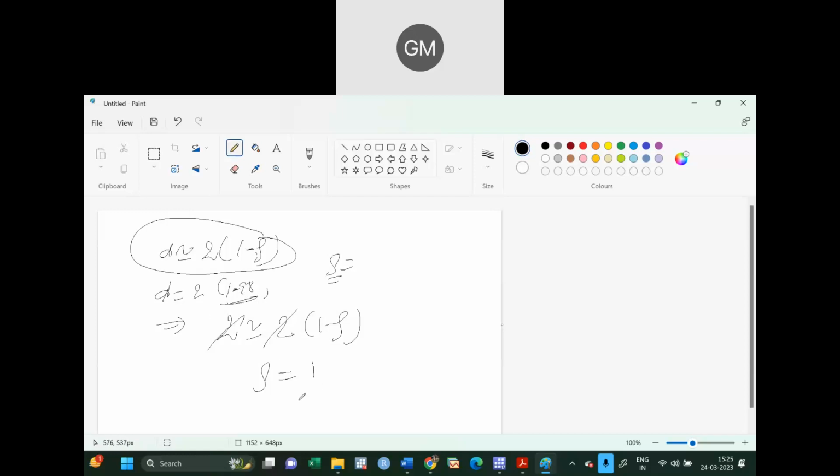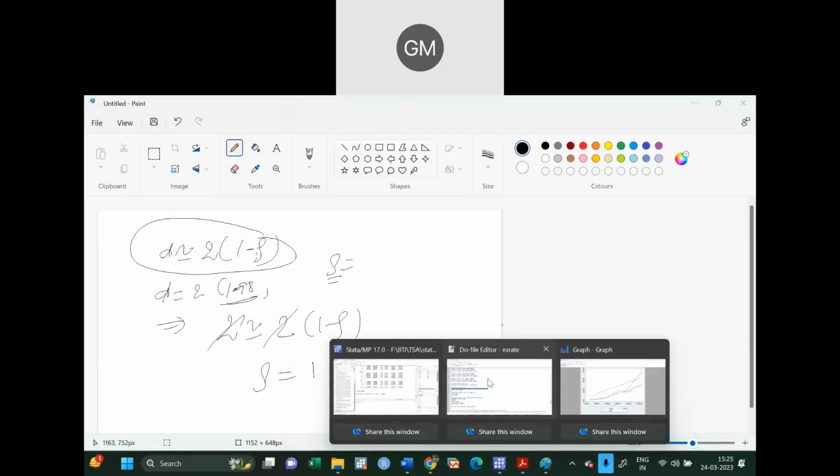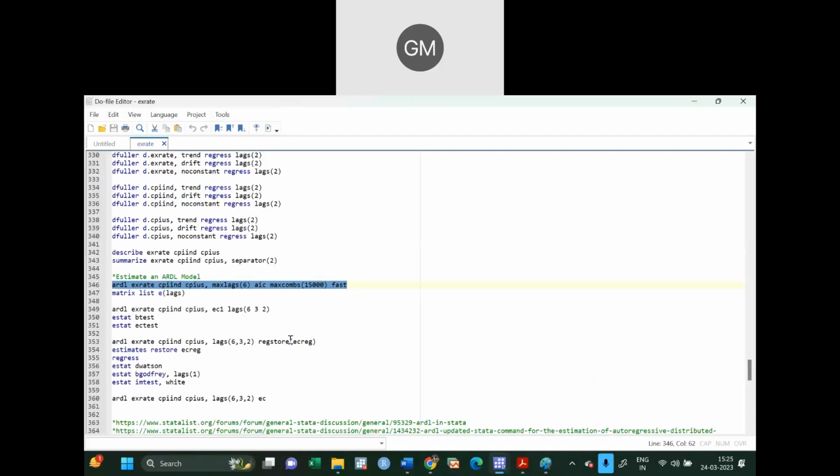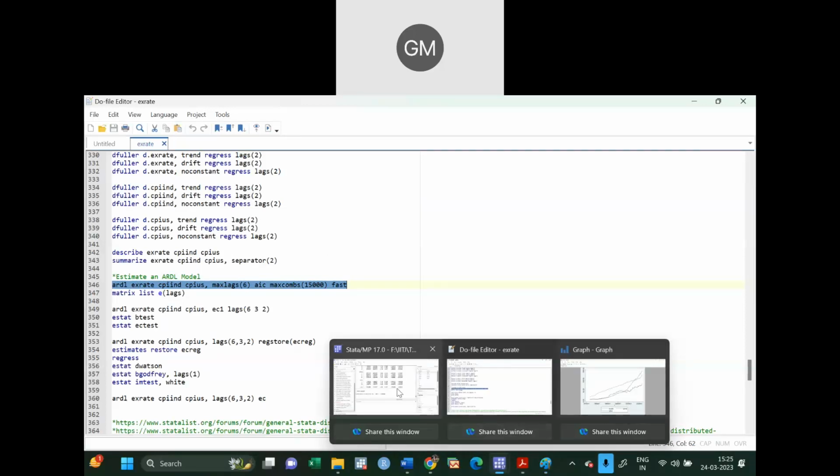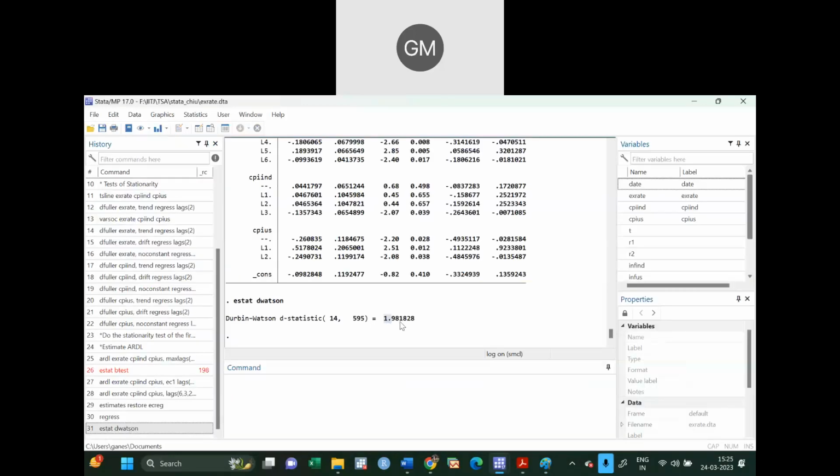It means rho has to be less. Anyway, these are calculations that you can do. I think I'm missing something right now. But what I'm simply trying to say is that the general interpretation is that when your Durbin Watson value is close enough to 2, then there is no serial correlation.